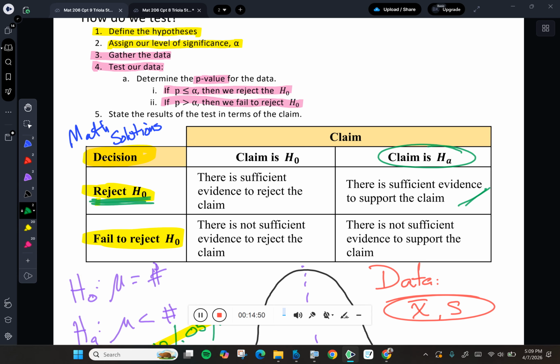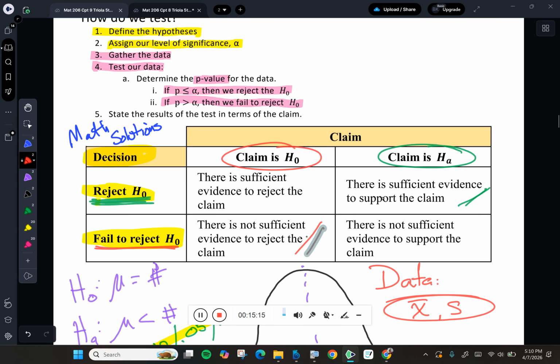Right? What if the math says don't reject, fail to reject? Well, if the claim was the null, then we would say there is not enough evidence to reject the claim. We don't say the claim is true. We say we couldn't find enough evidence to prove it's false. All right.